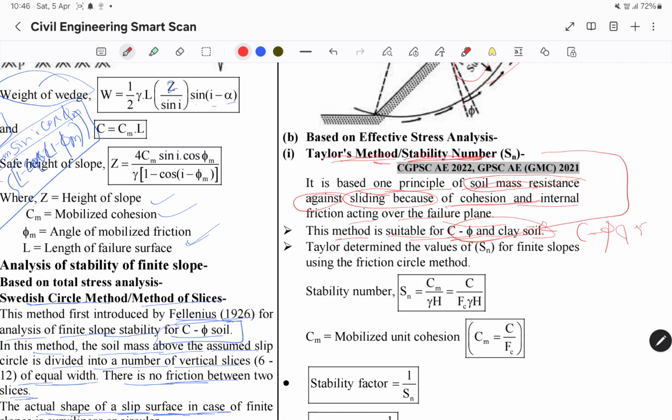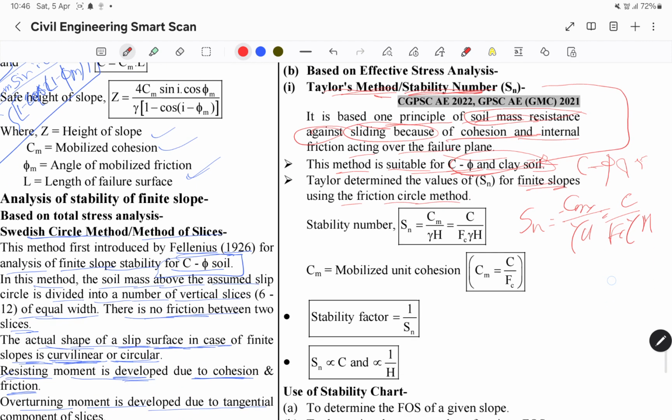Stability number Sn: Taylor determined the value of Sn for finite slope using the friction circle. Sn equals Cm upon gamma into H, equals C upon Fc gamma into H. Cm is the mobilized unit cohesion, Cm is equal to capital C upon Fc.